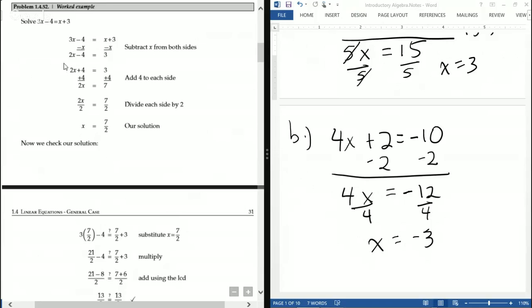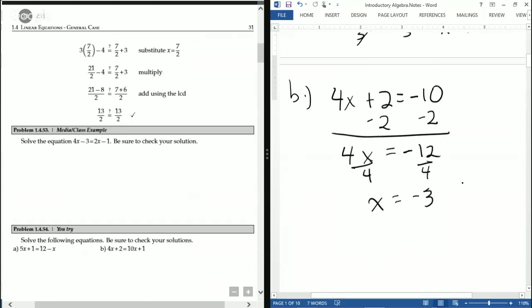That looks pretty clear. 2x minus 4 equals 3. And now it just becomes a routine type of problem. Isolate your x term, subtract 4 from both sides, or if we have a minus 4, add 4 to both sides, and so on and so forth. And we end up with x equals 7 over 2.